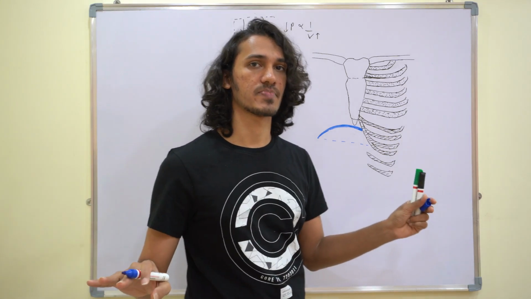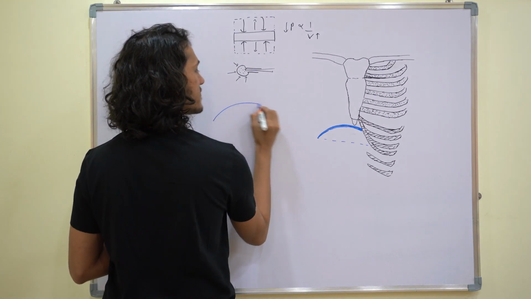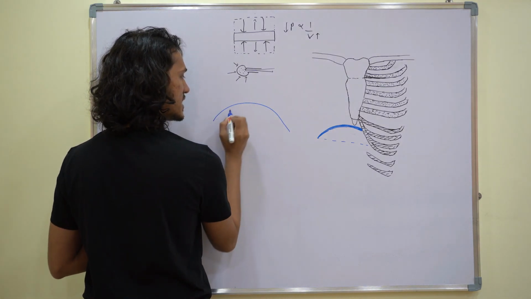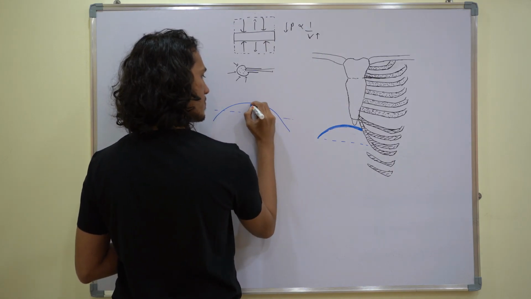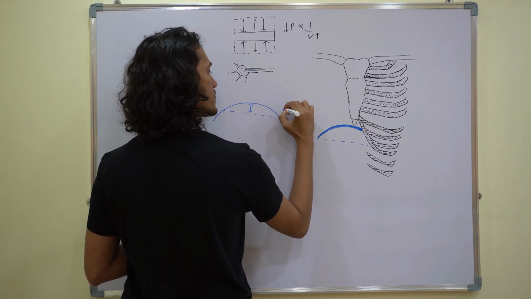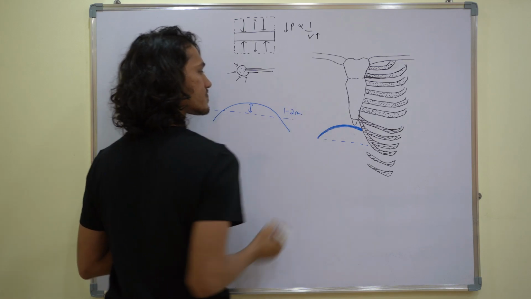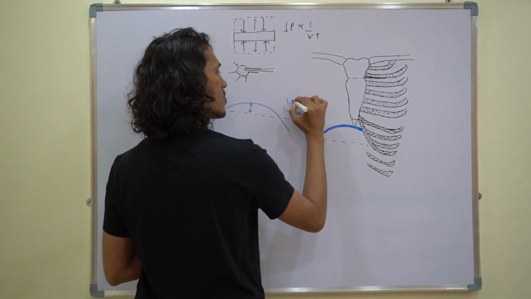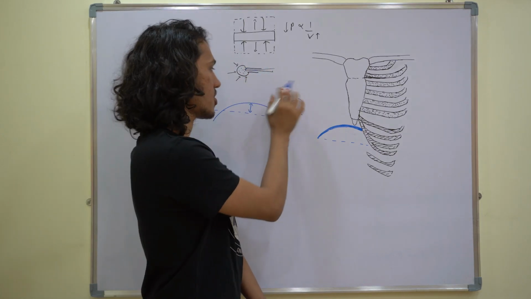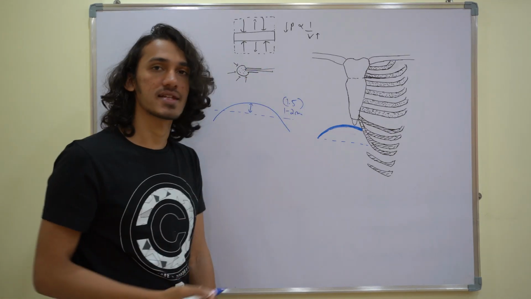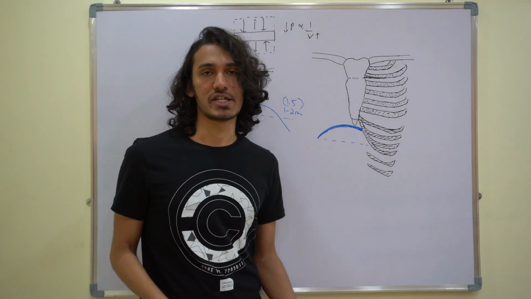Nothing else happens. So in normal respiration, this diaphragm in tidal ventilation can go down up to around 1 to 2 centimeter. On an average it is 1.5. So 1 to 2 centimeter or on an average 1.5 centimeter is how much your diaphragm can move during your tidal ventilation.